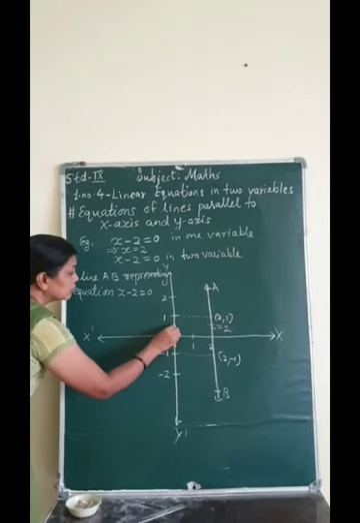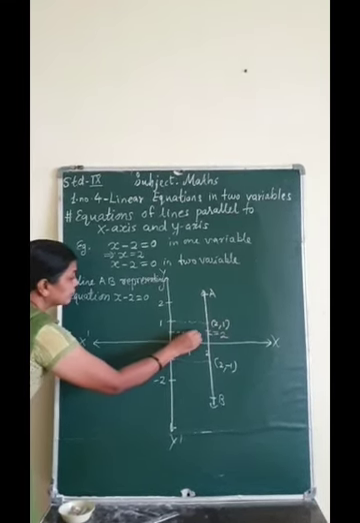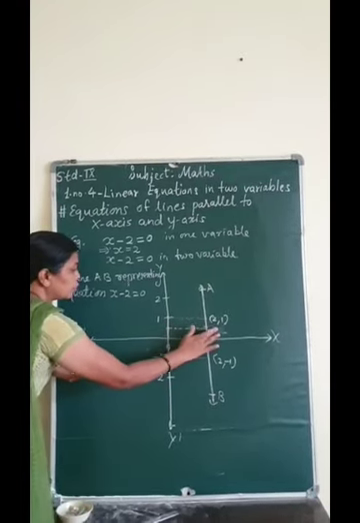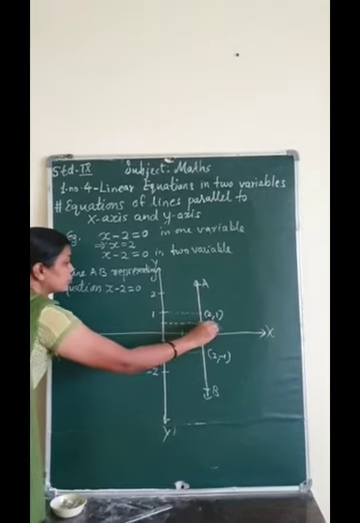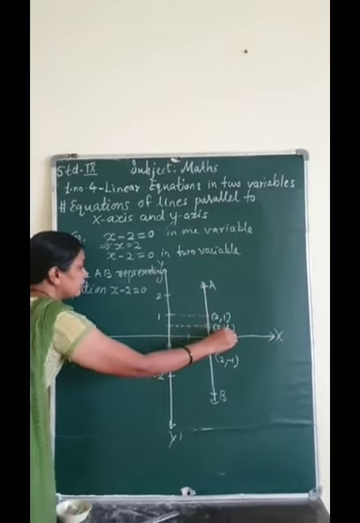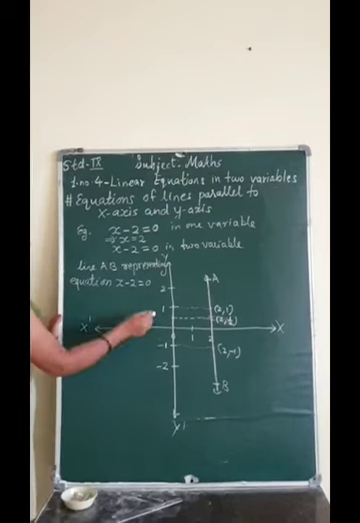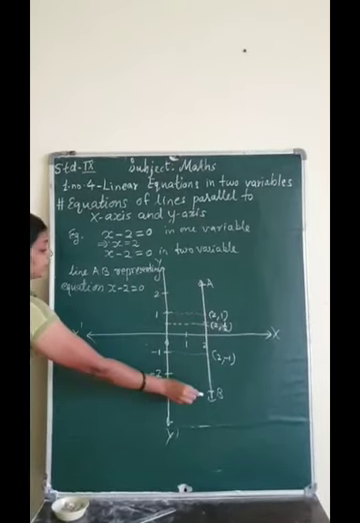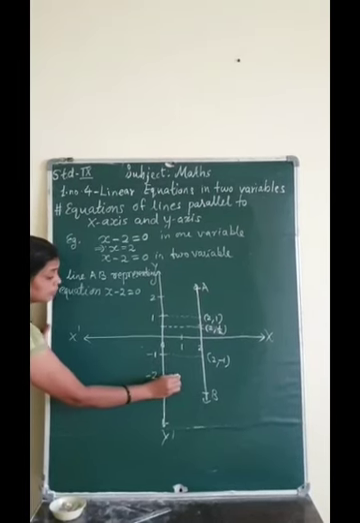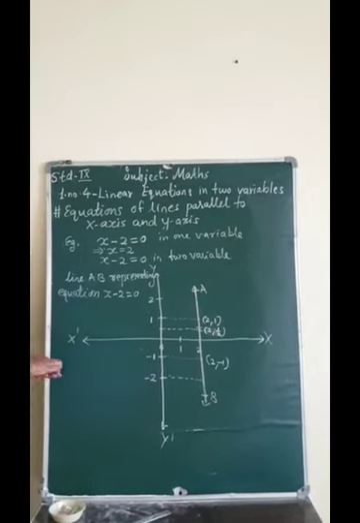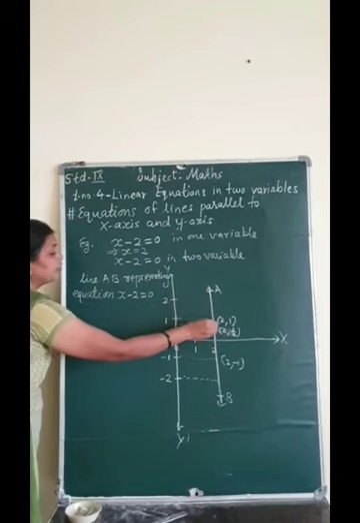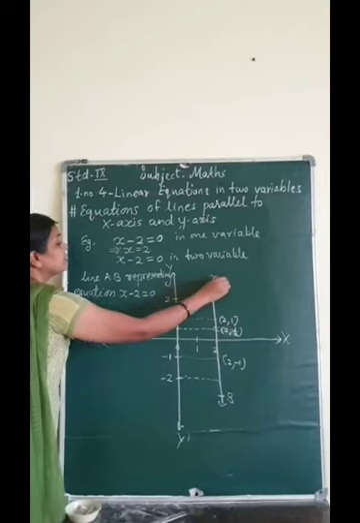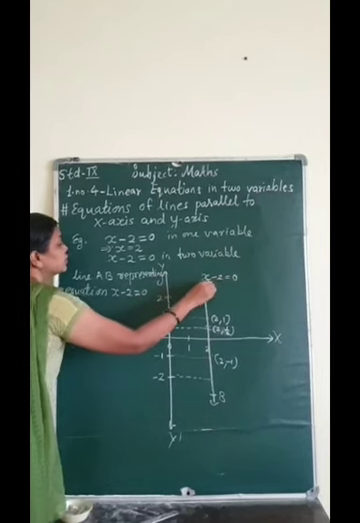If you take half of it, then the solution of this equation will be 2, half. So this is how for this equation we get infinitely many solutions. Each and every point on this line is a solution of this equation, and the equation is represented as x minus 2 is equal to 0.